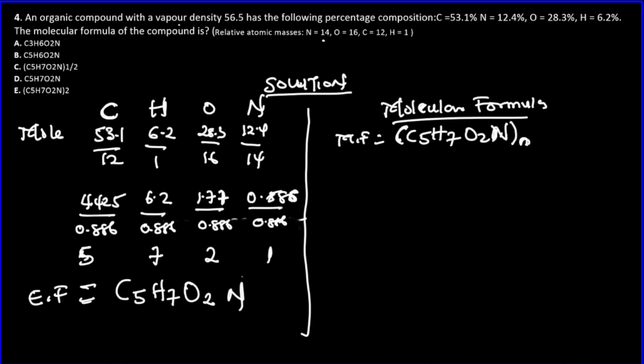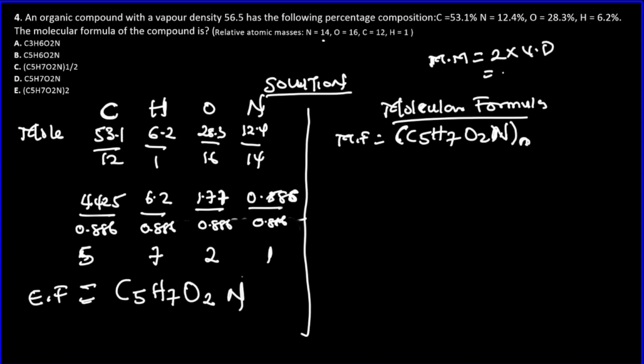But we're not given the molar mass again, we're given vapor density. But from the knowledge of gas laws, if you remember, molar mass of a gas is 2 times its vapor density.